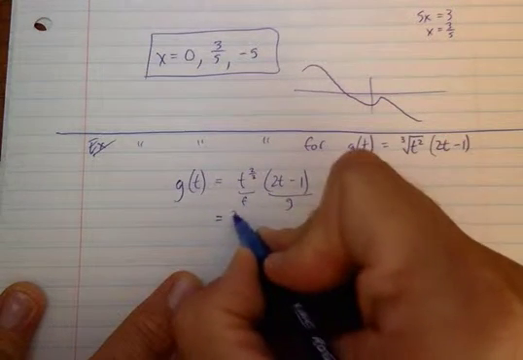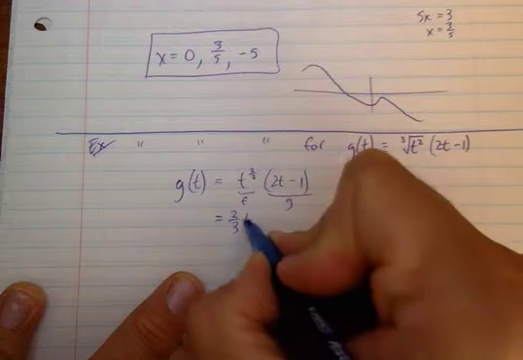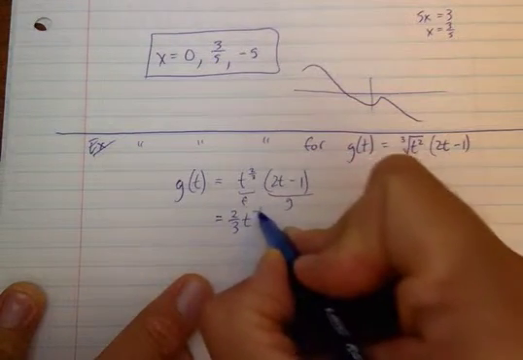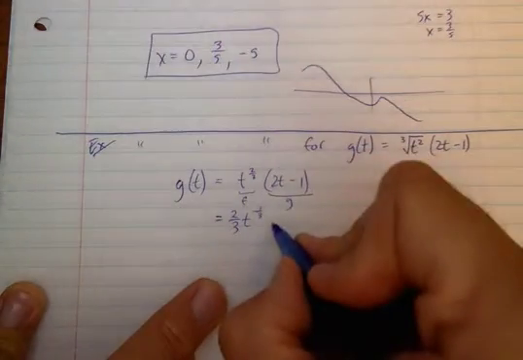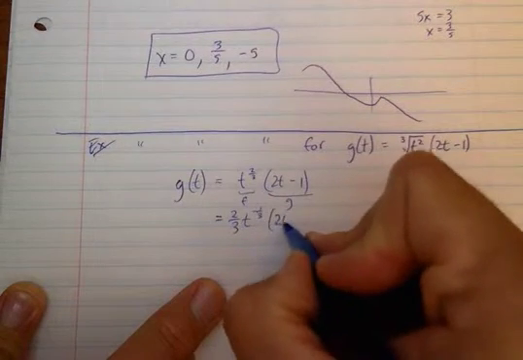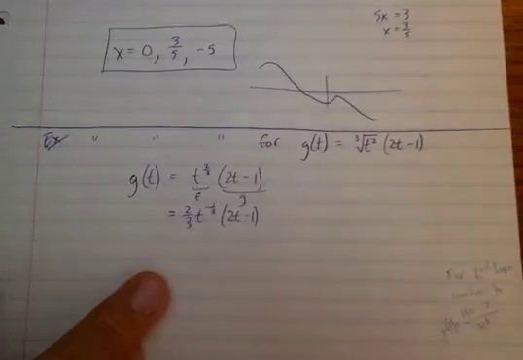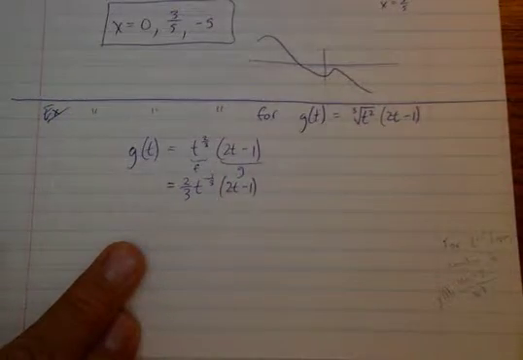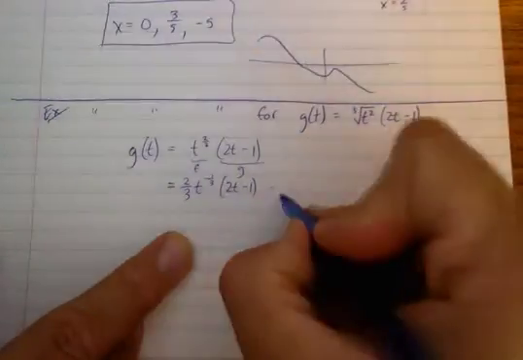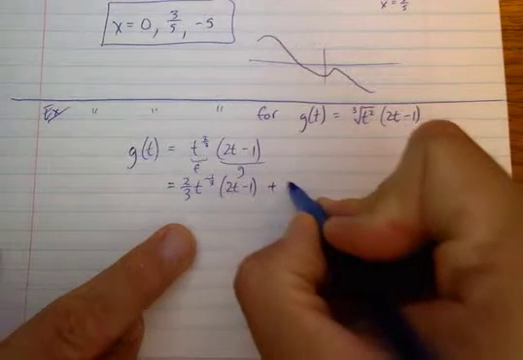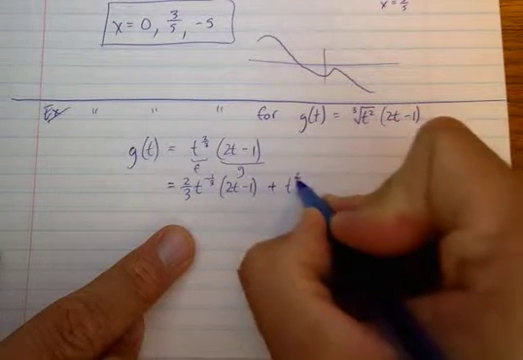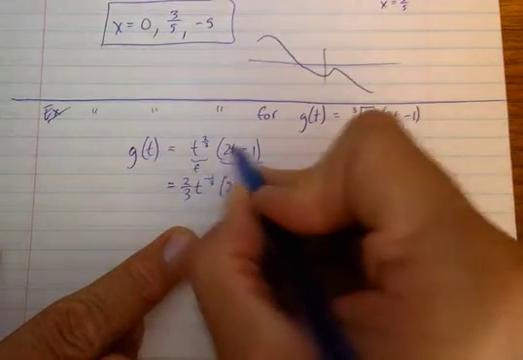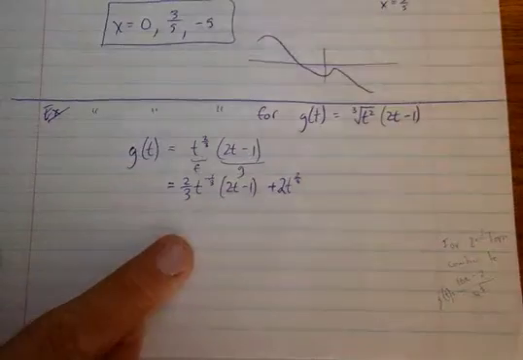f prime is 2/3 t to the negative 1/3 times 2t minus 1. And then it'll be plus t to the 2/3 times the derivative of that, which is just 2.